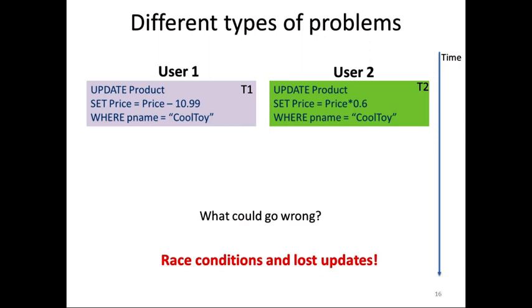However, outcomes such as 9.01 or 12 are simply due to the fact that we executed these two transactions concurrently. And we had in the process lost updates. So this is what we'll call lost updates and race conditions, possible results having as only cause the concurrent execution of transactions.